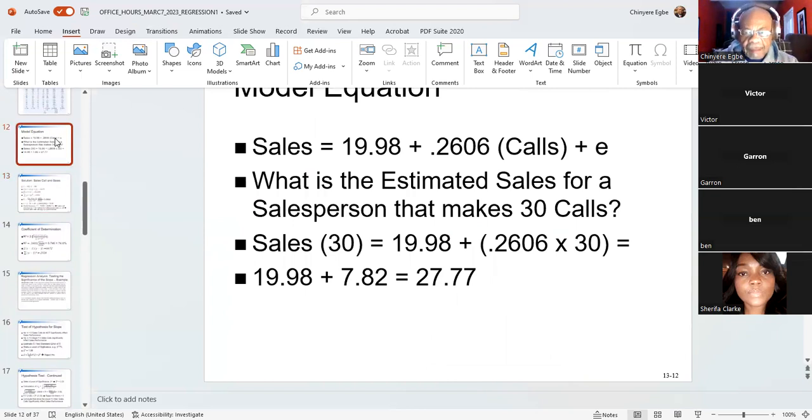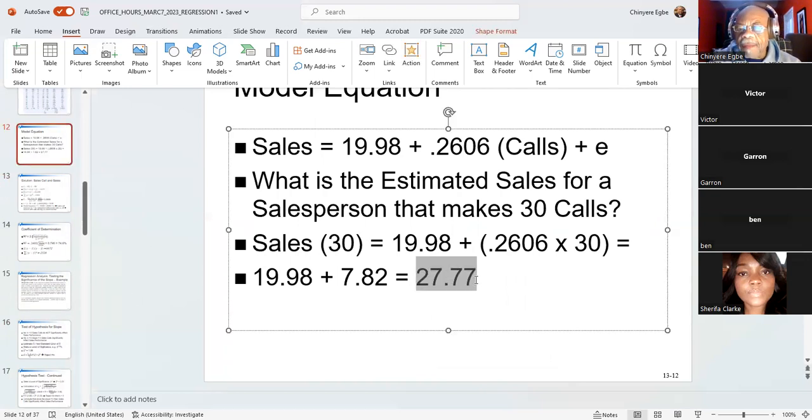So suppose you make 30 sales calls. How many sales will you make? The number of sales that you estimate will be 27.77.